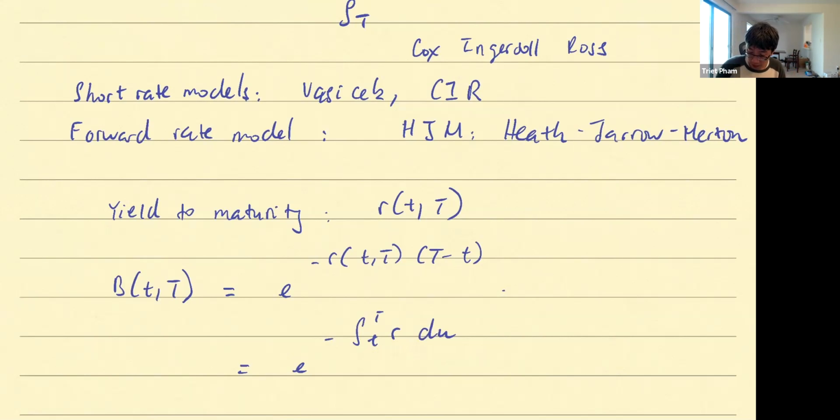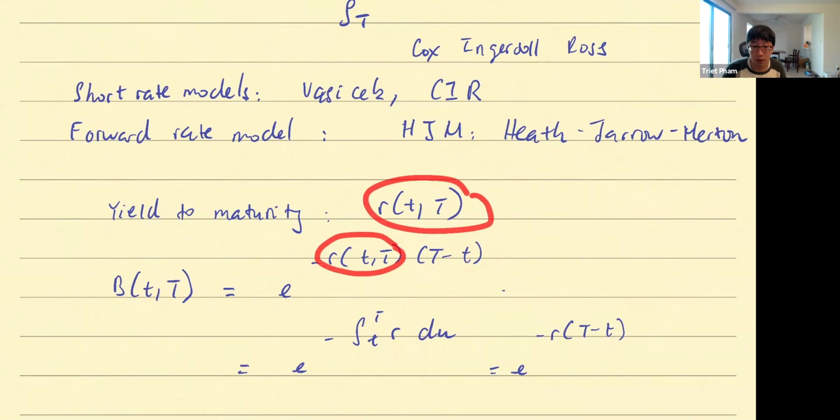But of course, if you are more careful, clearly this cannot be the same if little t and big T change. So that's why you denote it as dependent on little t and big T. But the idea is still the same: it's one single fixed rate that gets you back to the bond in this period.